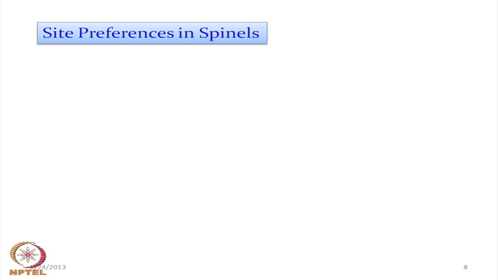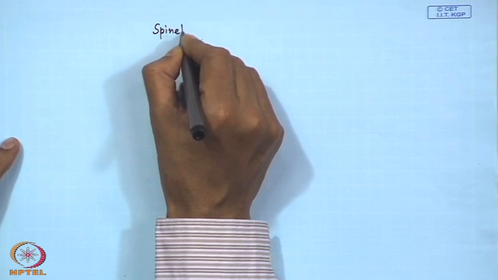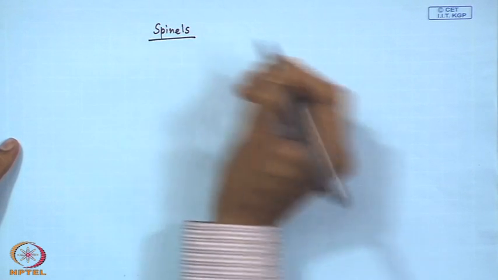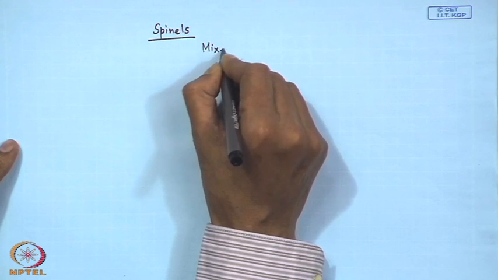Then we see some useful information related to some solid state structures which have a different name, what we call spinels. So, these spinels are basically mixed oxides.